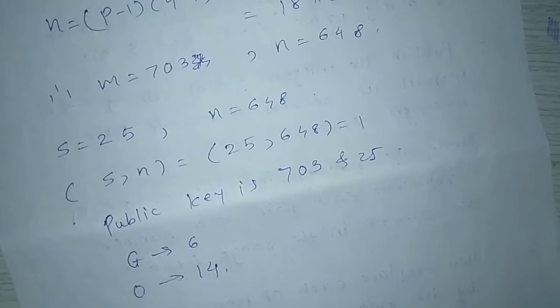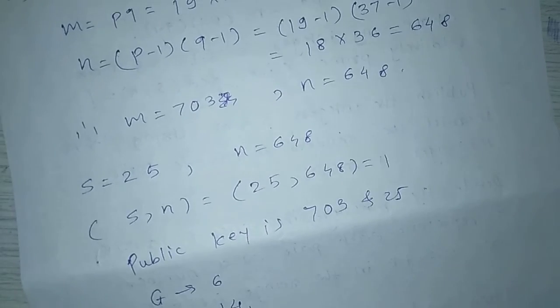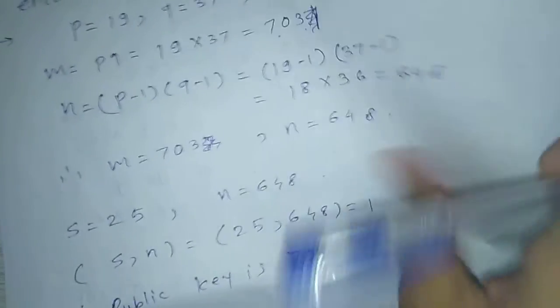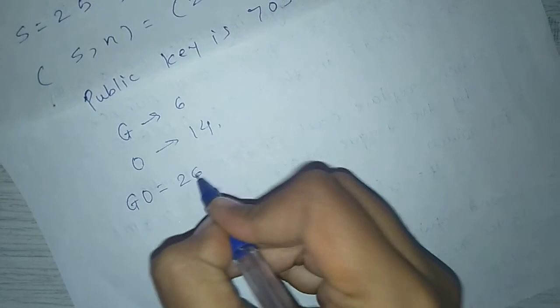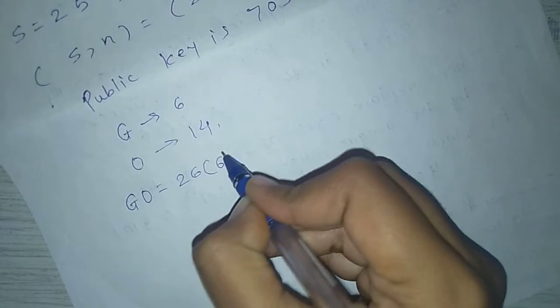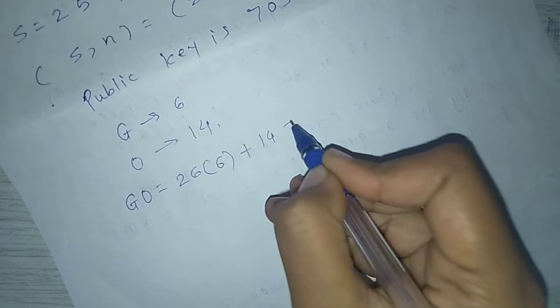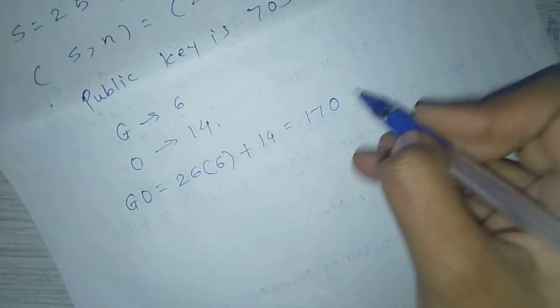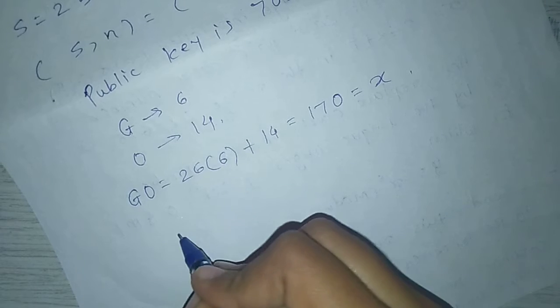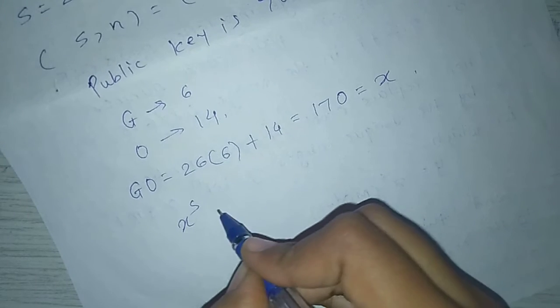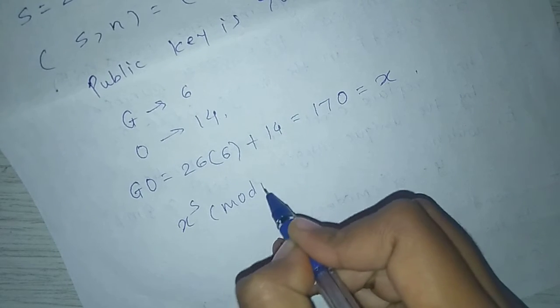Now, Go can be written as 26 into 6 plus 14, which is equal to 170, say x. Now we compute x raised to s modulo m.